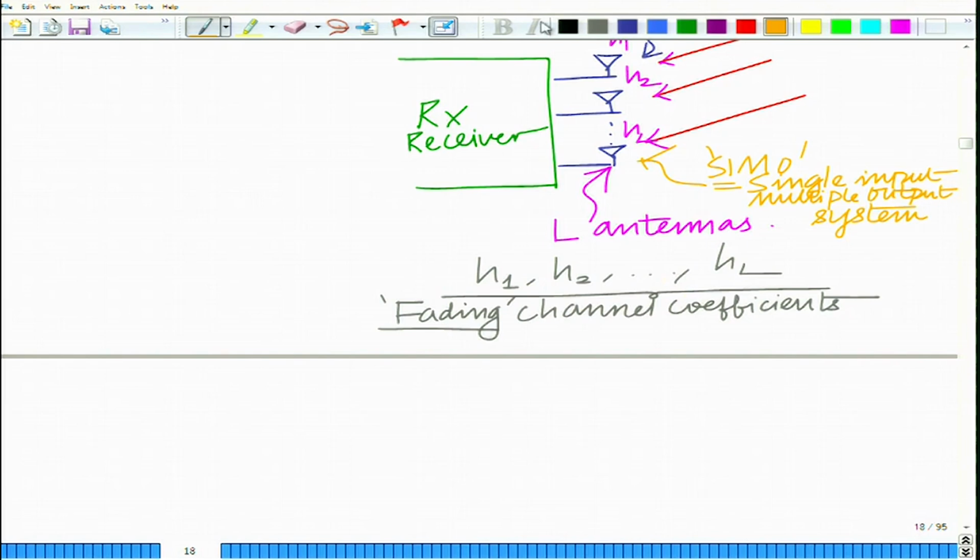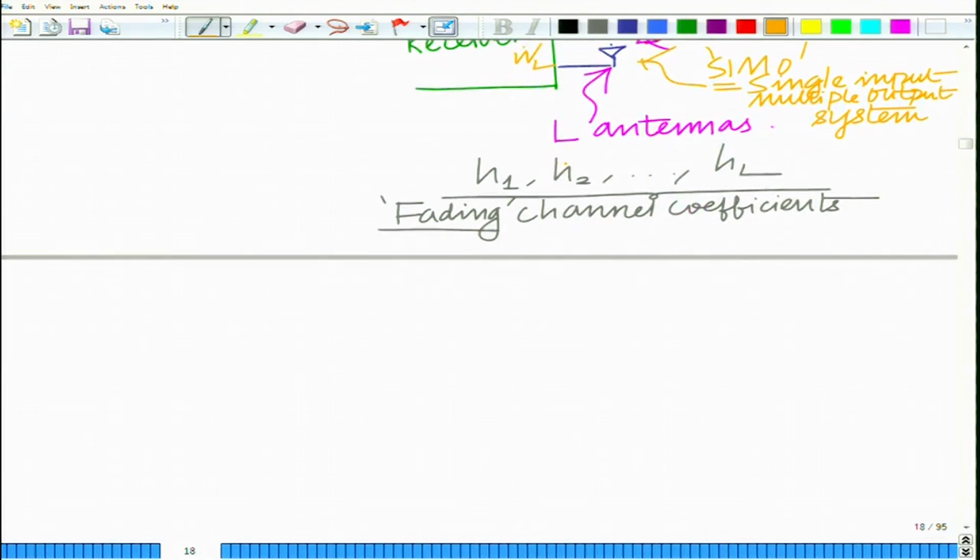A single input multiple output system, and let us now assume the combining weights. So, H1, H2, HL are the channel coefficients. What we are going to do is combine the signals with weights W1, W2, WL.